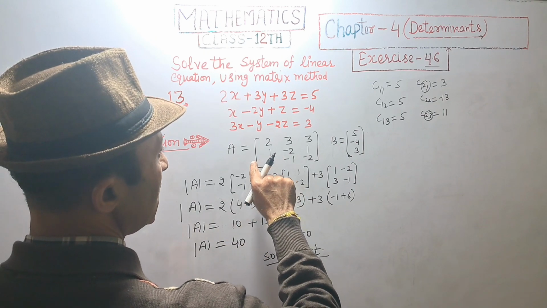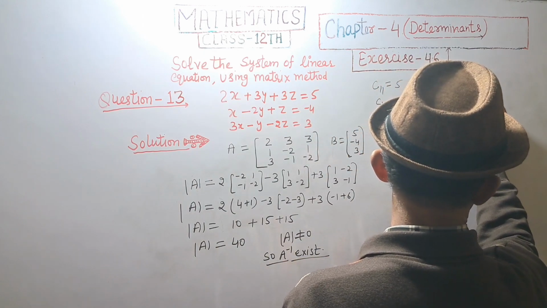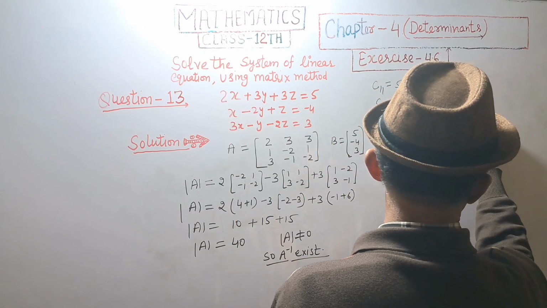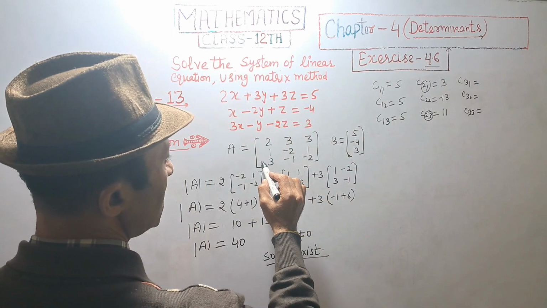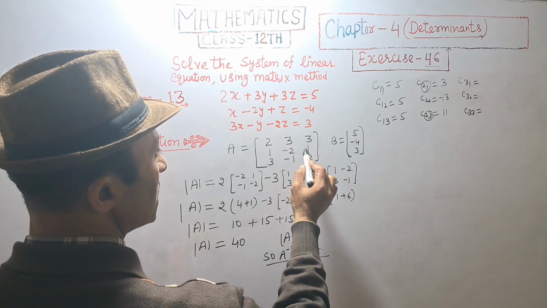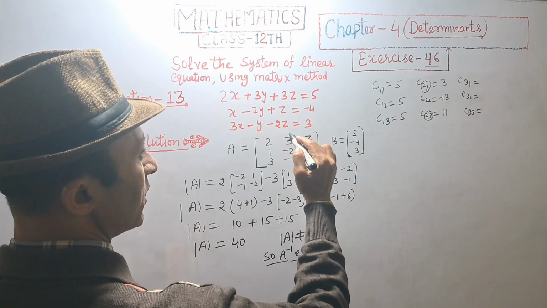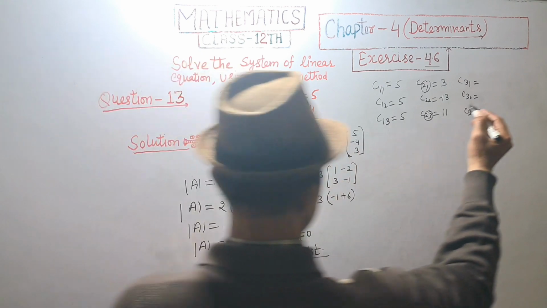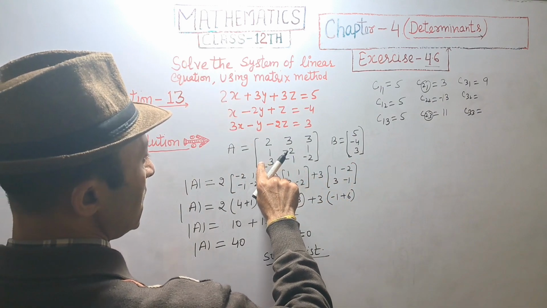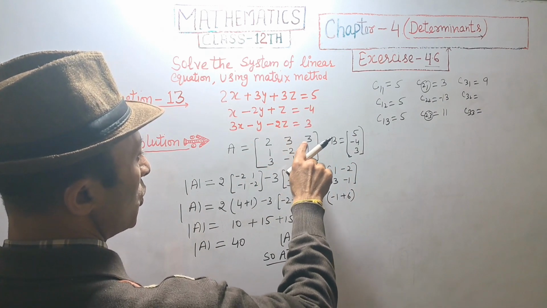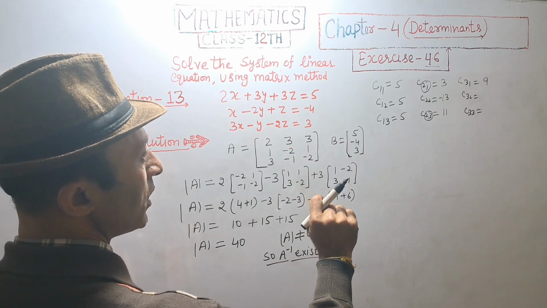And C31, C32, C33. C31: 3 1s are 3, plus 6, that is 9. And C32: 2 1s are 2, minus 3, that is minus 1.